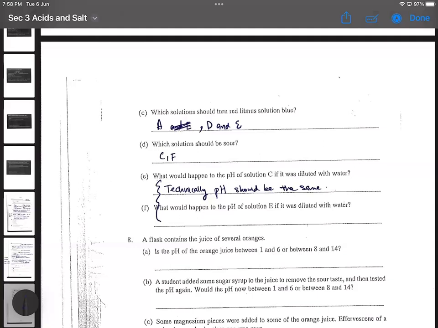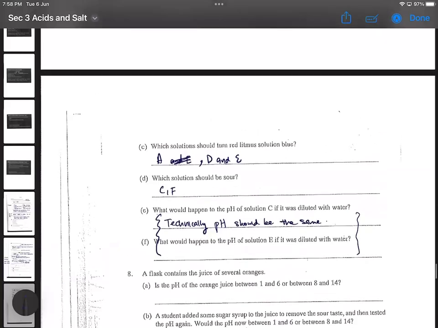Just for concept sake. So for O levels, let's just put it as remain unchanged. We see what your teacher says. But let's say we talk about another possibility why it may change. Let's talk about adding water. Because when you add water, you're doing dilution.